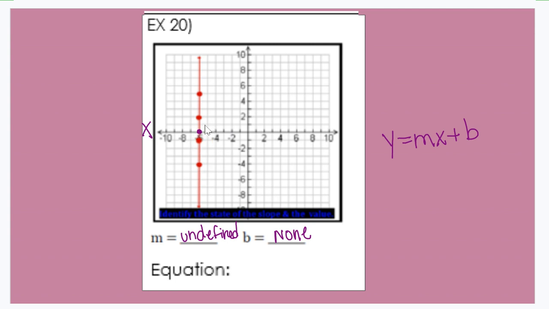So it crosses x at negative 6. So the equation for this one is just x equals negative 6. Because the only thing this line does, it doesn't have a slope. It only crosses x at negative 6. So that would be its equation.